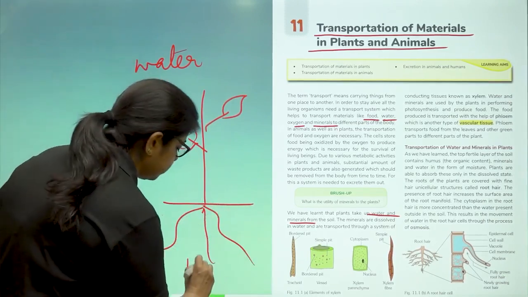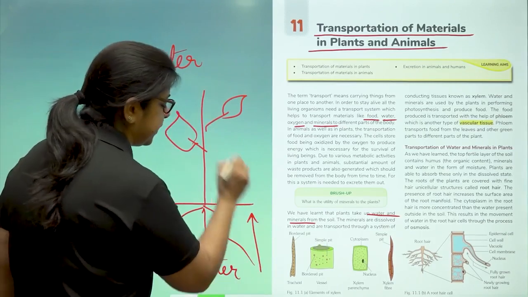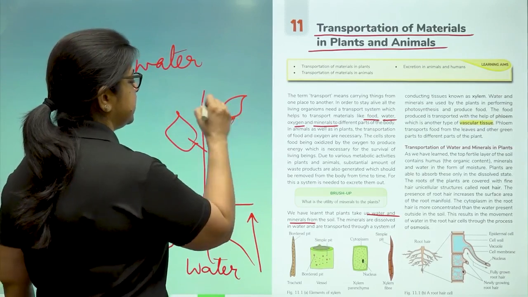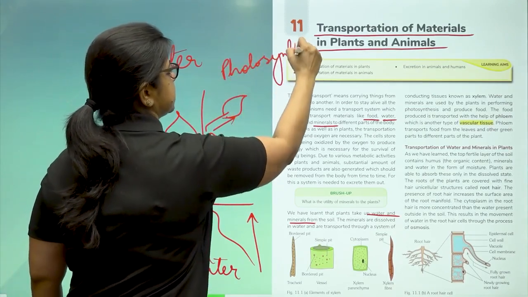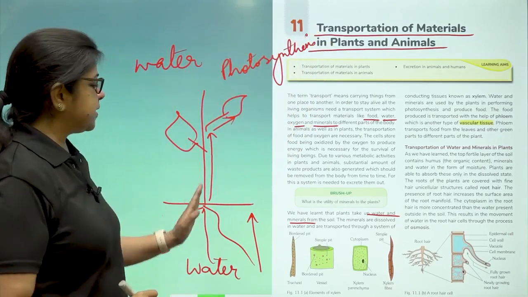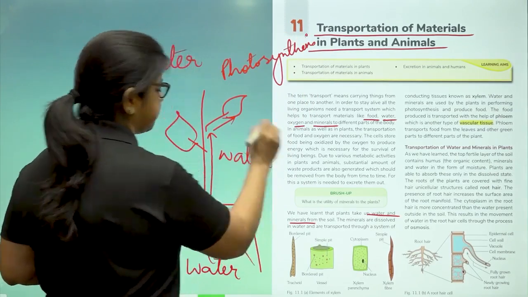So the water from the soil is absorbed by the roots and it travels through the stem to the leaves where photosynthesis takes place. Right? So that means what do we need to transport? We need to transport water.